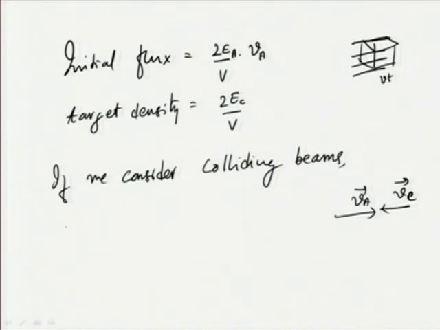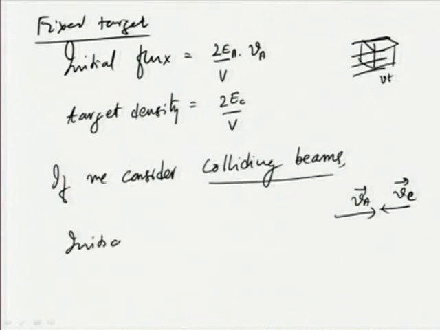So, this is for fixed target. For colliding beams, we have initial flux equal to 2E A over V as the number of particles, but then this is going to be V, the magnitude of the relative velocity, V A minus V C.